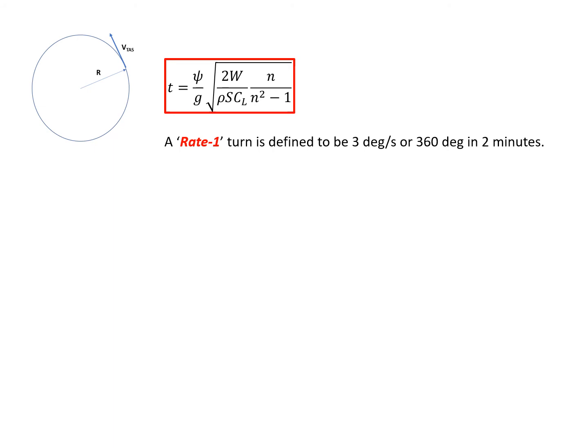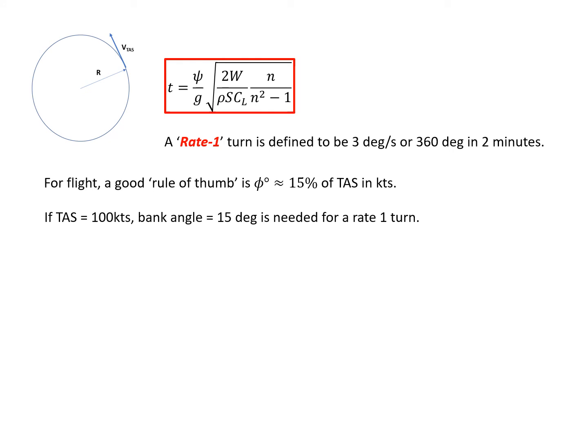A good rule of thumb, a quick estimation for the bank angle on the rate 1 turn, is about 15% of true airspeed in knots. The unit should be knots. For example, if the true airspeed is 100 knots, the bank angle is about 15 degrees, so it should be no larger than 15 degrees for a rate 1 turn. So that's a rule of thumb.